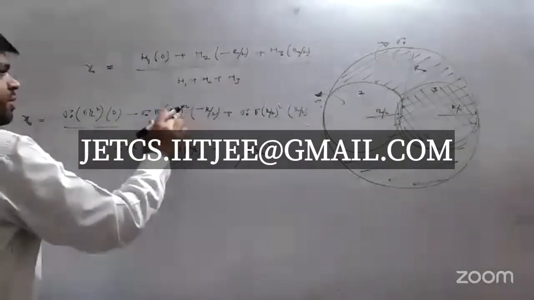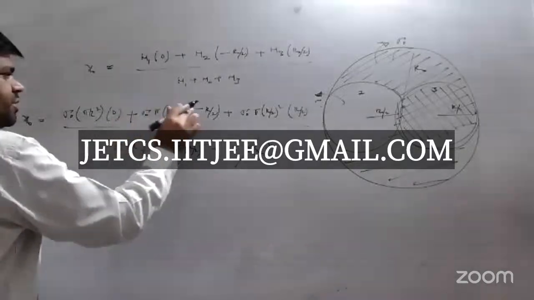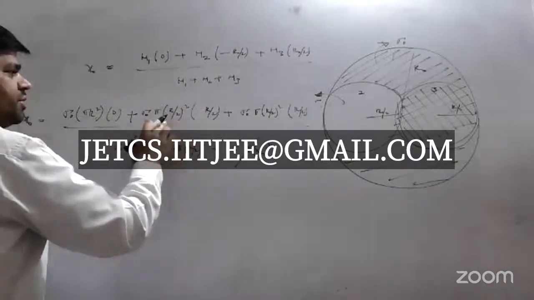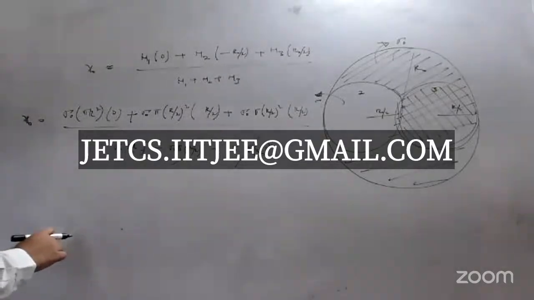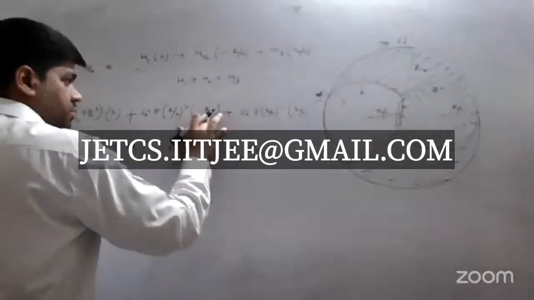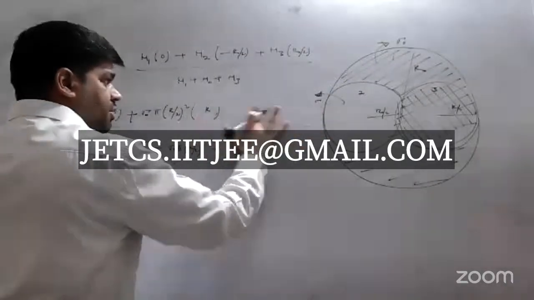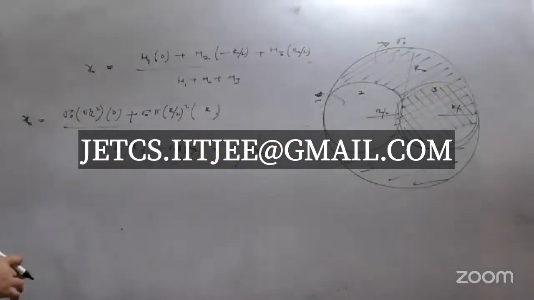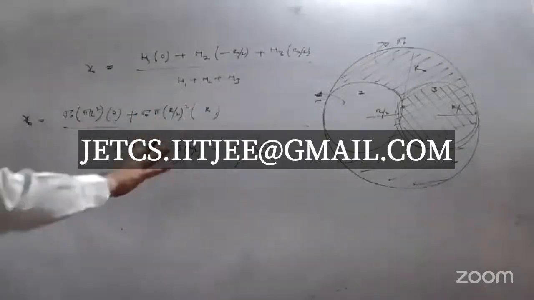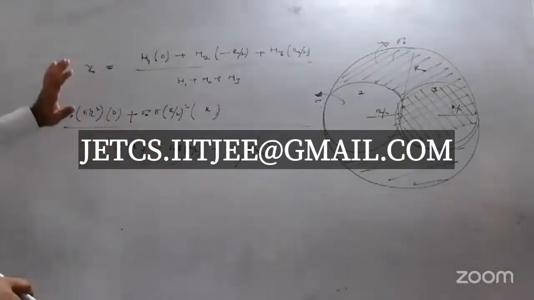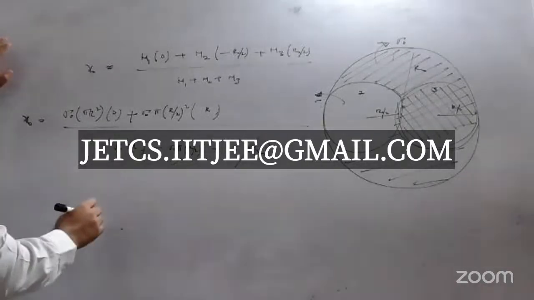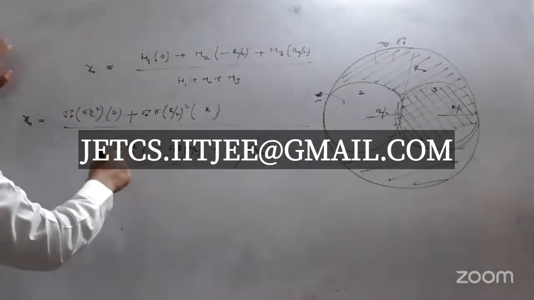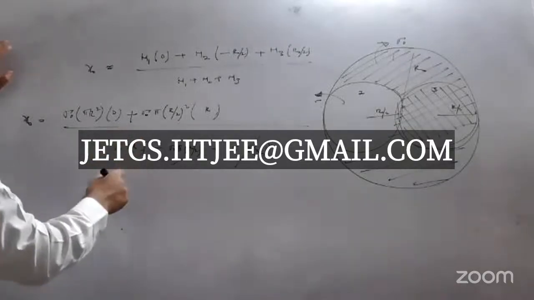And what about this one? This negative into negative becomes positive. So this is twice of this one. So I can remove this 2 and remove this 1. I'm just simplifying it further, okay? The fix of the problem is done. Remaining is just simple math, algebra. Sigma gets cancelled out, pi gets cancelled out, r square gets cancelled out.